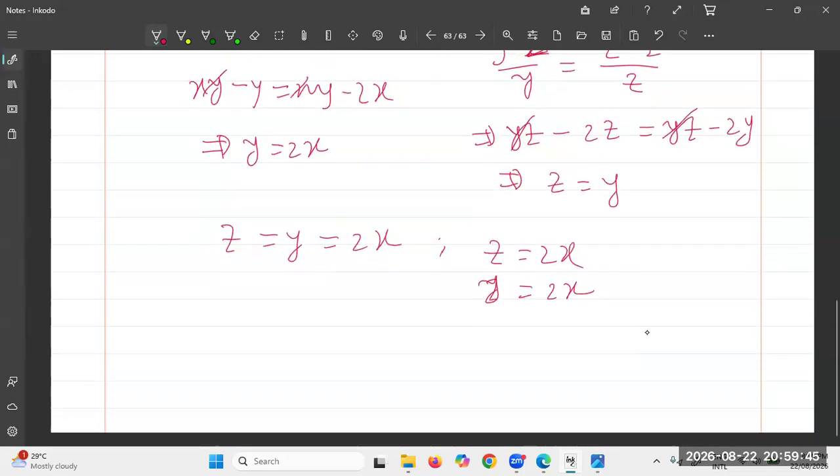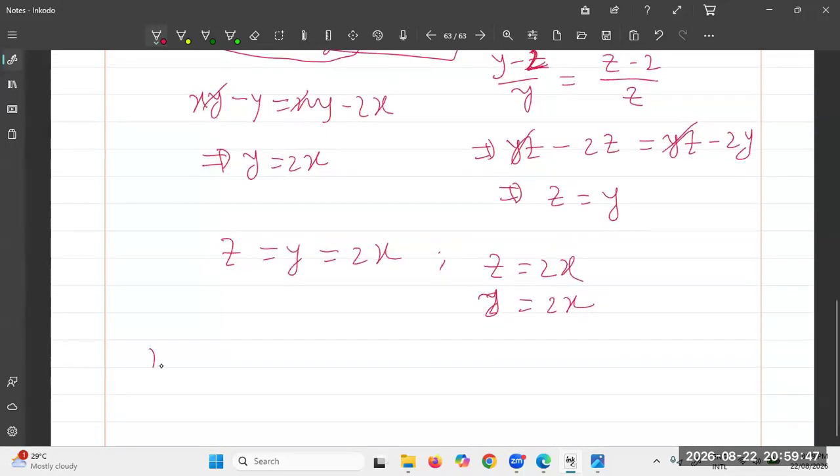So replacing all of the quantities in our constraint, since our constraint was x square plus y square plus z square minus 1 equal to 0, we put y and z values in terms of x. So this is x square plus y square, which is now 4x square, and z square is also 4x square, minus 1 equal to 0.